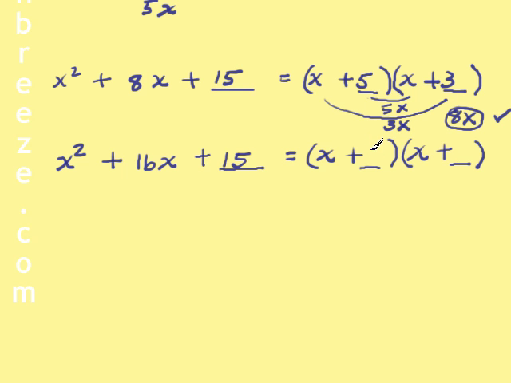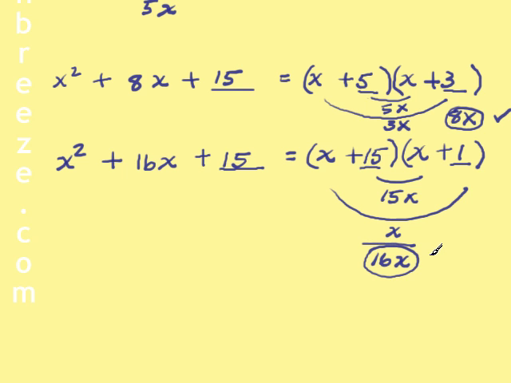Well, another possibility is 15 times 1. Okay, so if we check, this is inner, outer is x, and these do sum to 16x. So that's correct because we have 16x over here.